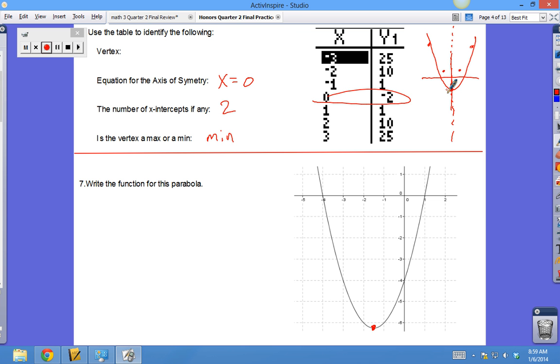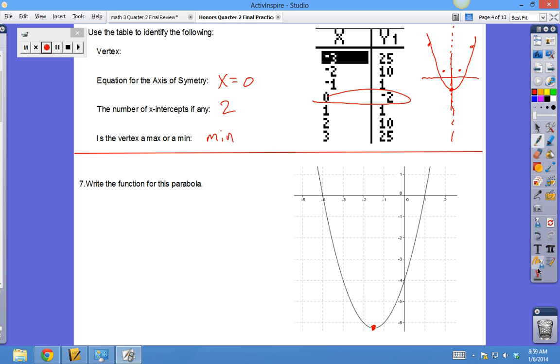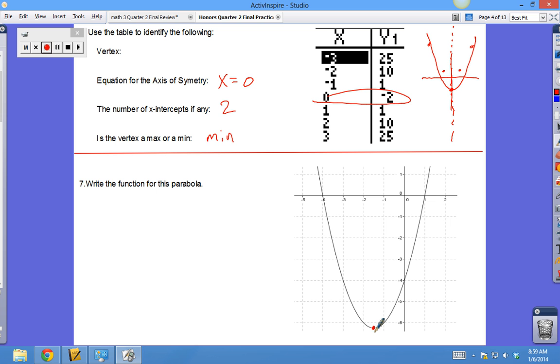Okay, 7. Now I'm going to give you some pictures and you give me the functions. So what model are you going to choose? I'm not going to choose the vertex because look, my vertex is on fractions. My vertex is somewhere between -6 and -7. And it's somewhere between -1 and -2. Maybe it's like -1.5.